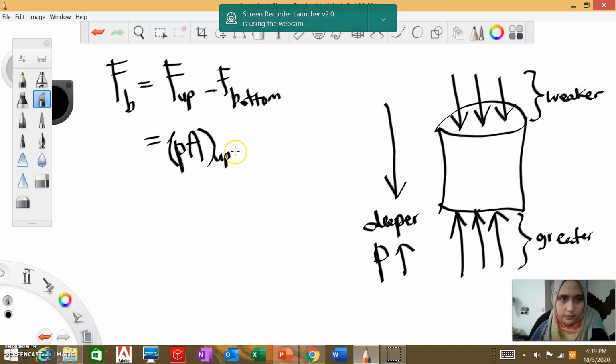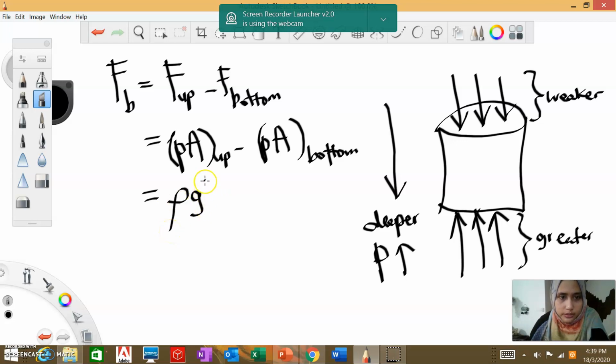So you substitute into the equation. Remember that pressure can also be measured by using rho g h, where rho is the density of the fluid, g is the gravitational acceleration, and h is the height.